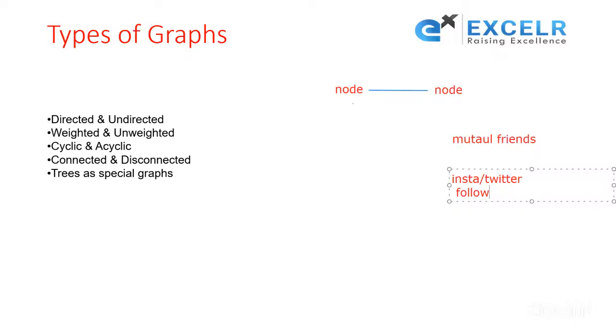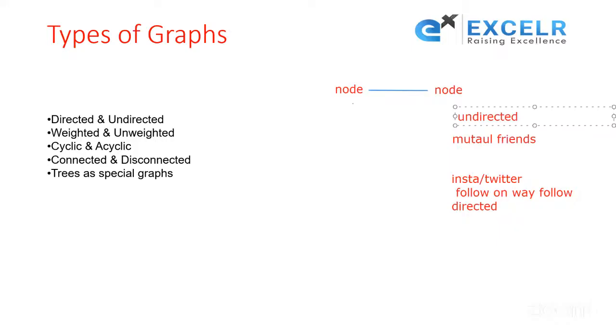Unless he follows back, only then it becomes bi-directional. So on Twitter and Insta, it is one way follow, or it can be two way. For the time being, I will say one way follow, so it is a directed graph. But on Facebook, it is undirected.